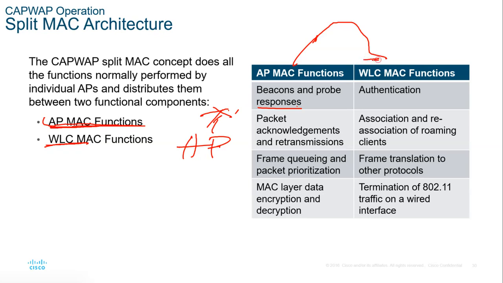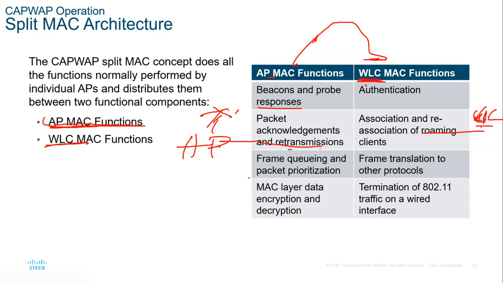When it comes to the wireless LAN controller, it's the controller that actually connects the clients, not the AP. The packet acknowledgements and retransmission are done on the AP, but the association and reassociation of roaming clients is done by the wireless LAN controller.